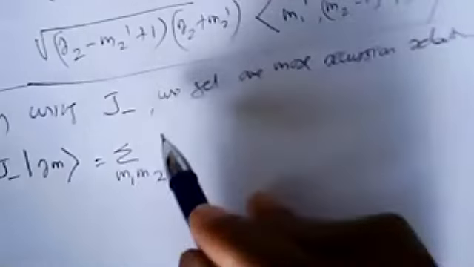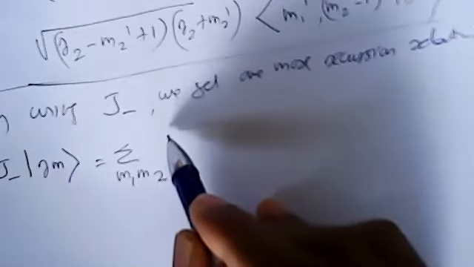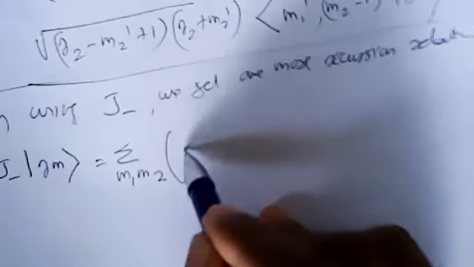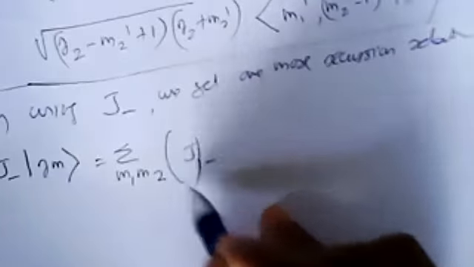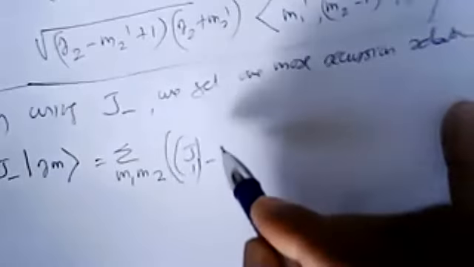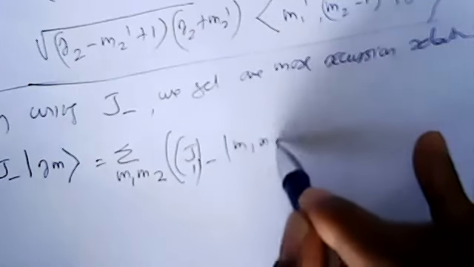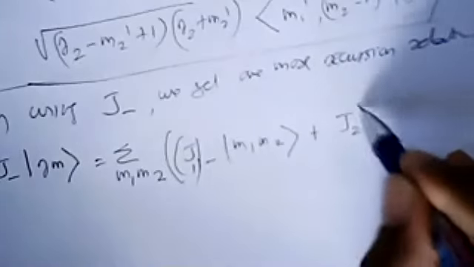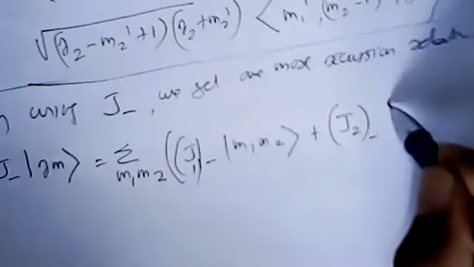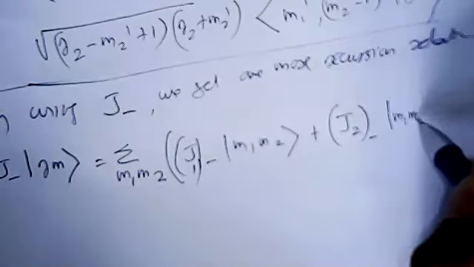This is equal to the sum over m1 m2 of J1 minus acting on m1 m2 plus J2 minus acting on m1 m2.